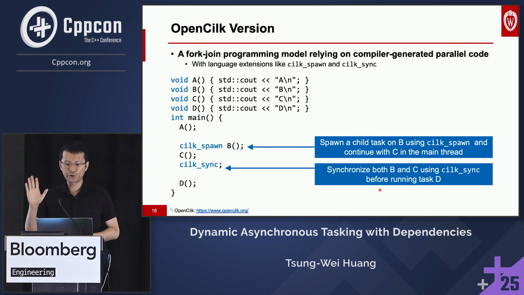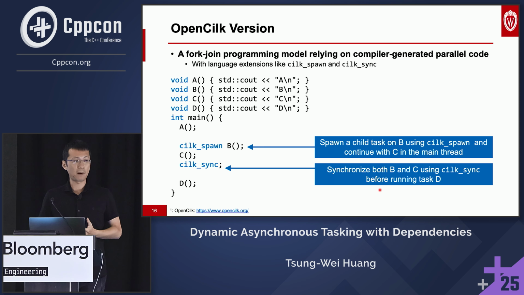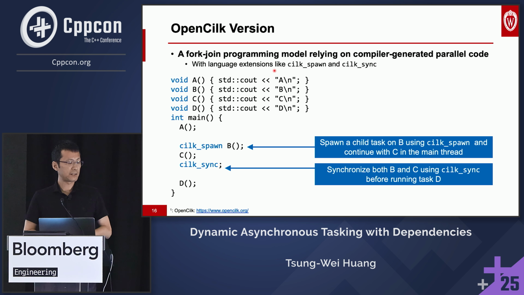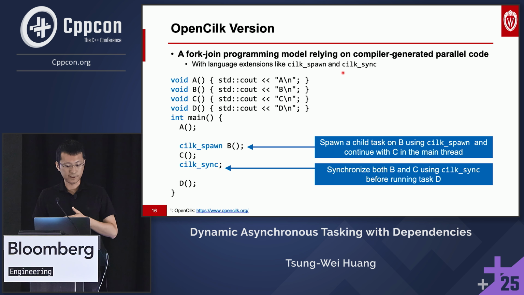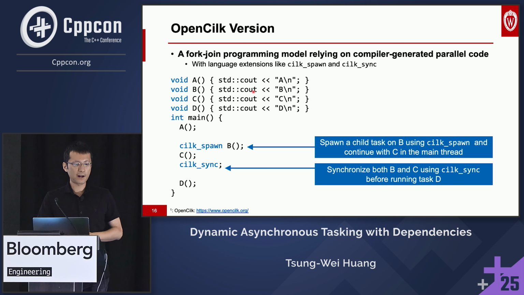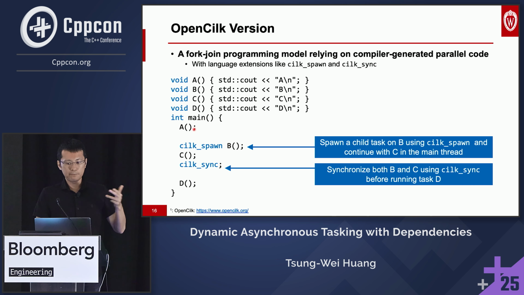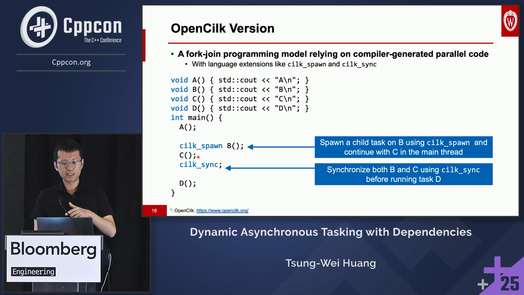Finally, this slide shows the implementation using OpenCilk, which is a fork-join-based programming model that, similar to OpenMP, relies on compiler-generated parallel code using language extensions like cilk_spawn and cilk_sync. In this example, I define 4 free functions to represent the 4 tasks, A, B, C, D. After running task A from the main thread, we spawn a child thread using cilk_spawn on task B. Then we continue with task C in the main thread.